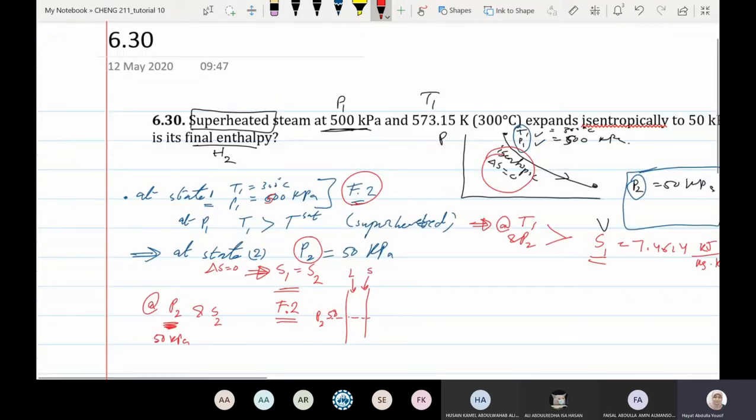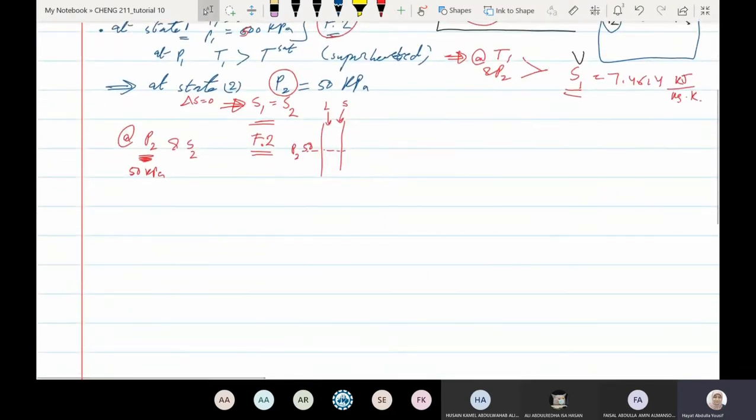So you will need to get S liquid and S vapor and check how S2 compares to those. If it is in between, then it is a saturated mixture. If it is less than S liquid, then it is subcooled or compressed. If it is greater than S vapor, then it is superheated. And this is very important information.